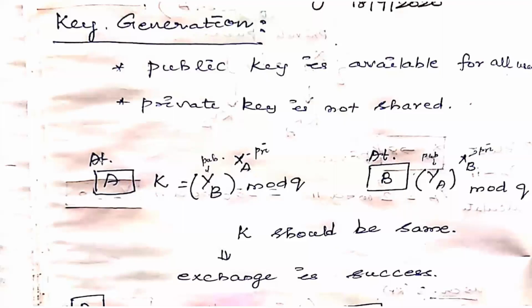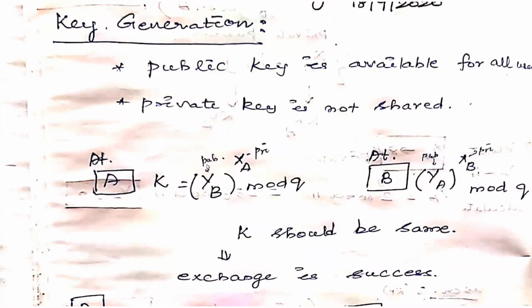Now how does user A calculate the secret key? What is the purpose of the Diffie-Hellman algorithm? Both sender A and B are going to share the same secret key, one key shared between two parties. For example, this K is generated by the sender. The sender has to use the public key of the receiver.